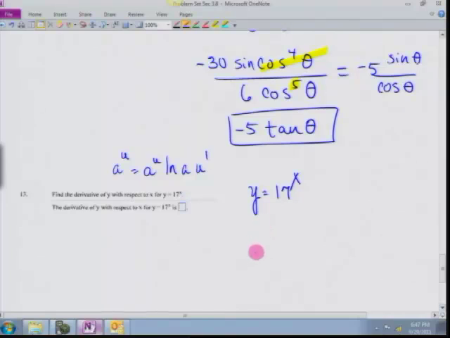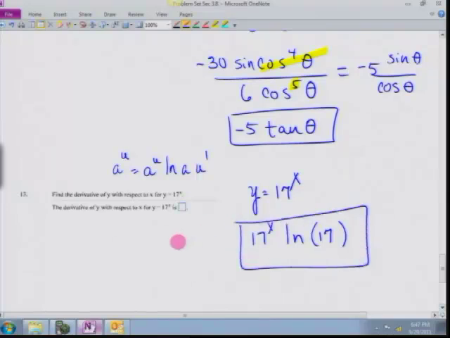Yes. So you've got this to start with. You've got 17 to the x times ln of 17. And what's the derivative of x? 1. So we don't even have to fool with that. So I think we would write it like this.